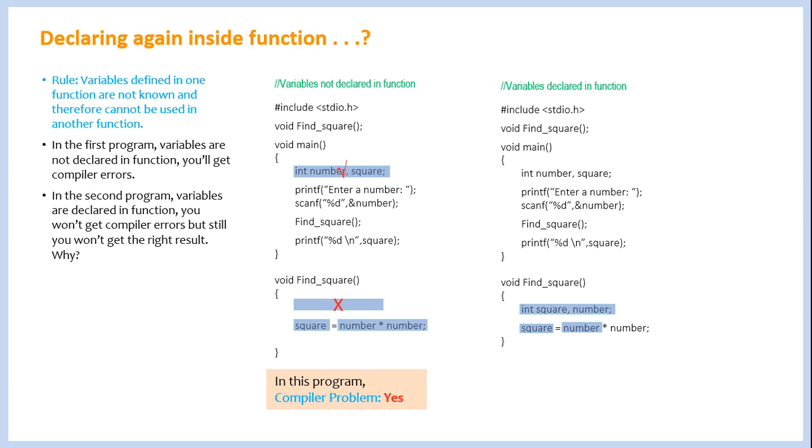But the question is, what happens when computer runs or executes this program? Again, as we said earlier, computer looks for main, and here is our main. Computer starts executing statements inside main, and reaches here. This is a function call. So from this point, computer comes to this point. Number is mentioned here.